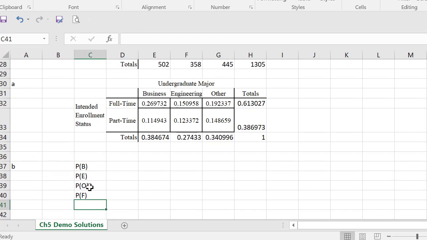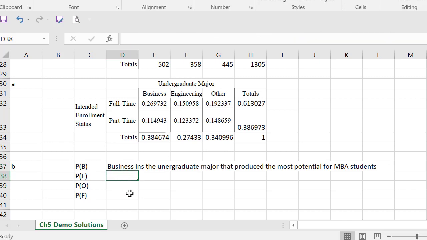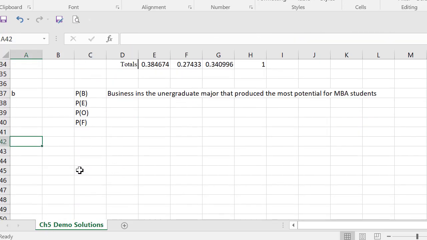Okay. So I went ahead and answered the question in here for B as well. So let's go to, we'll scroll down, let's go to part C.